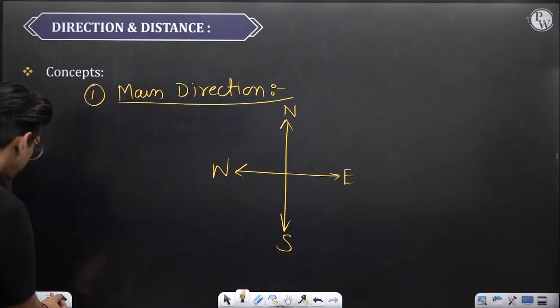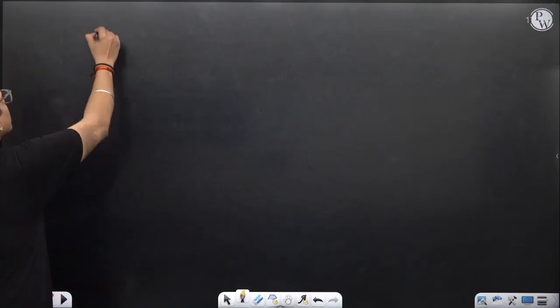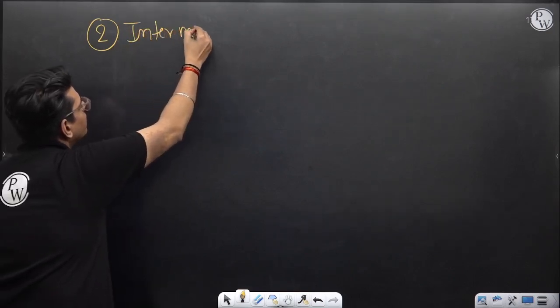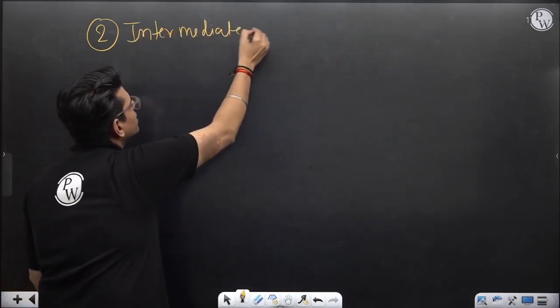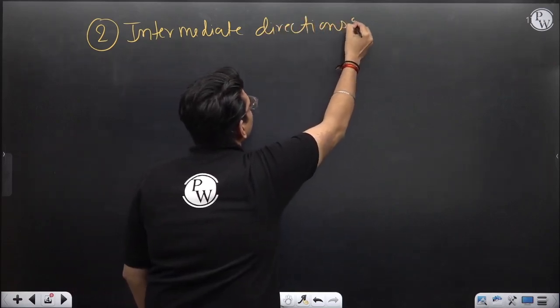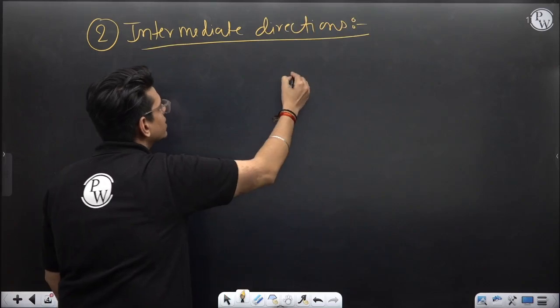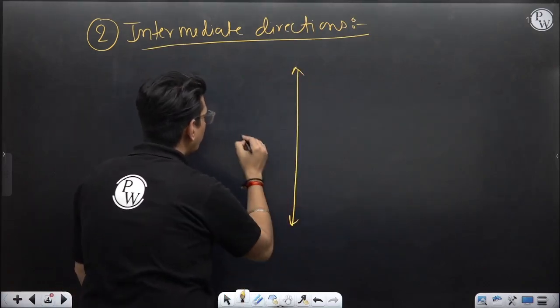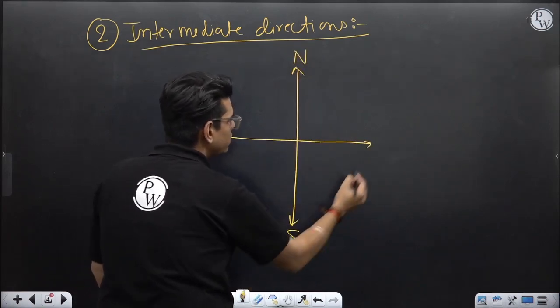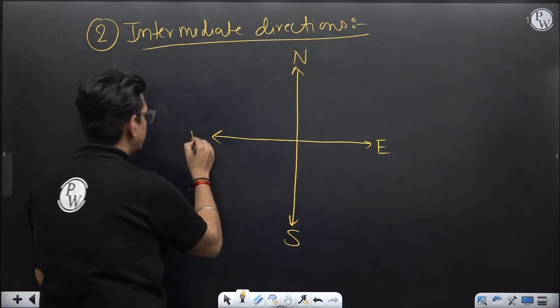After this, there are intermediate directions. What are the main directions? We have 4 main directions. The 4 main directions are nothing but north, south, east, and west.